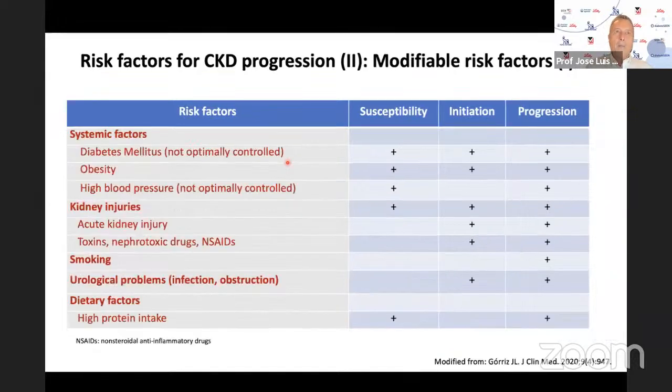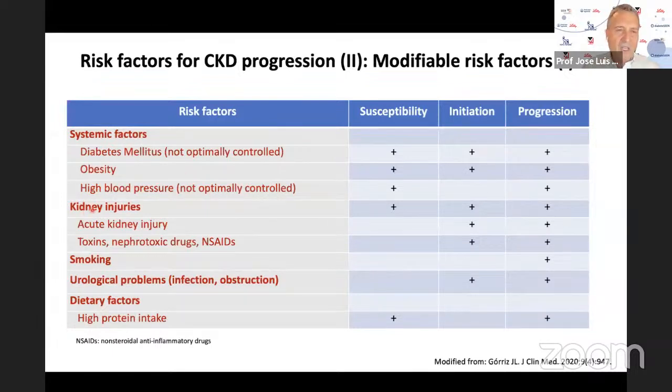These are the modifiable systemic risk factors, the factors on which we can act to prevent the progression of chronic kidney disease. If the patient has diabetes, we should control it optimally. If the patient has obesity, we should avoid obesity. We should control blood pressure optimally.